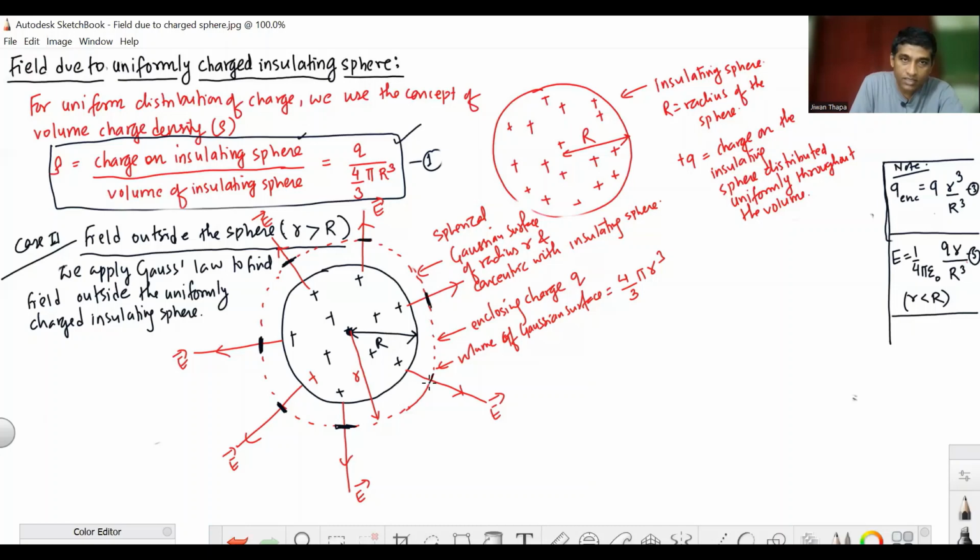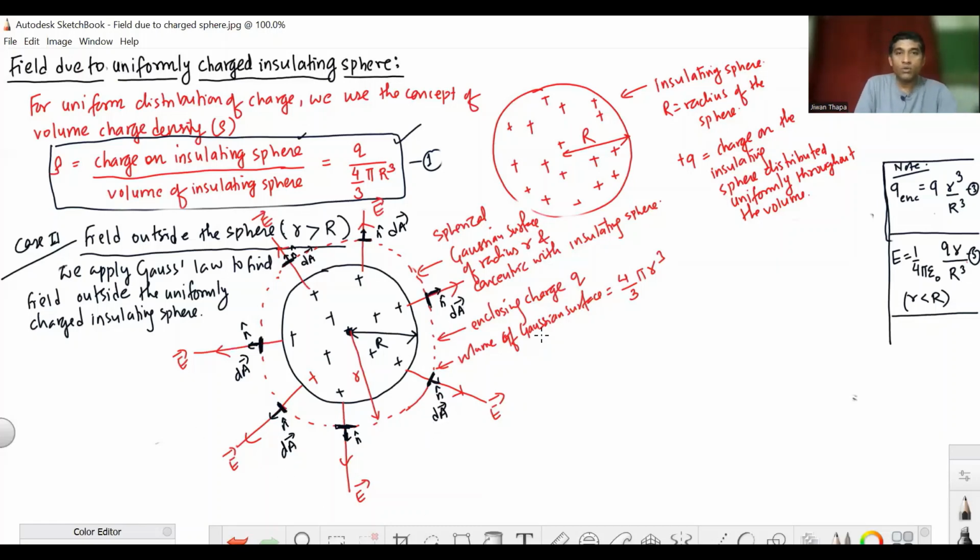Let n cap be the unit normal drawn on the elementary area, and n cap, the unit normal, gives the direction of the vector area.